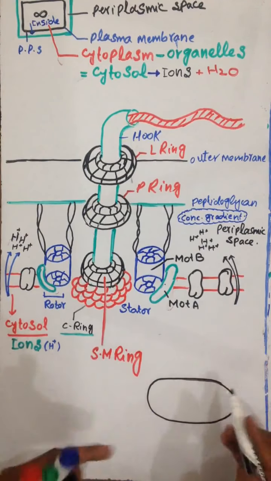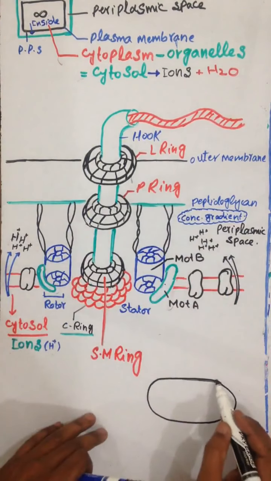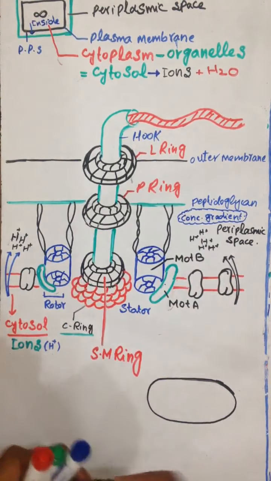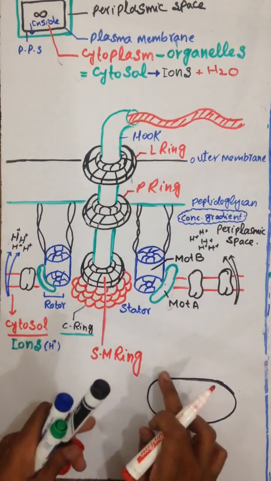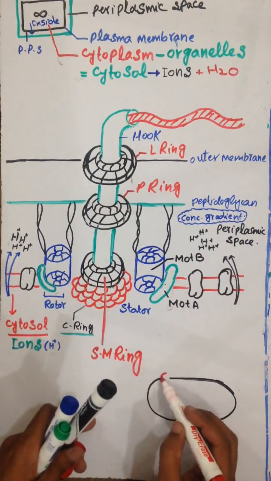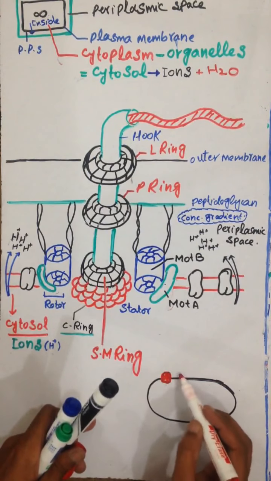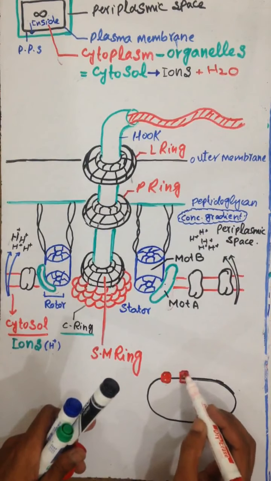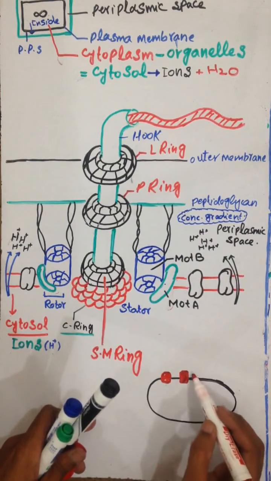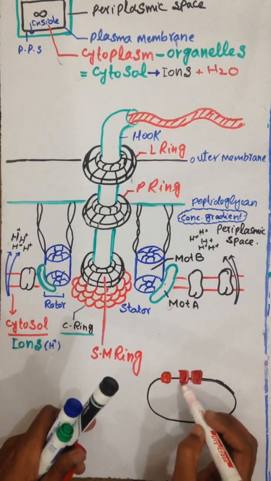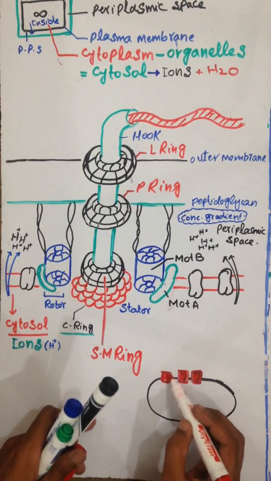I'm drawing another diagram apart from this. So this is the plasma membrane, and you know the plasma membrane contains many protein chunks, and these proteins have multiple functions.